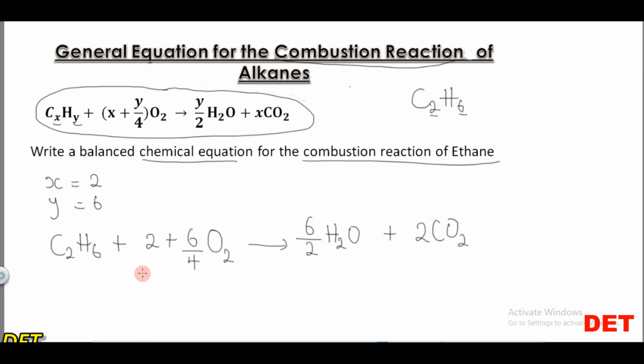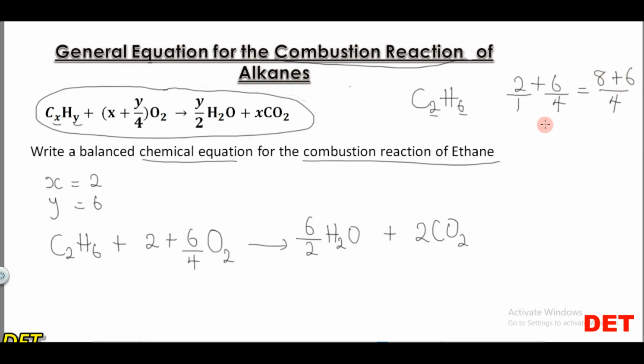So the next thing I will do is to evaluate. Here I have the fraction 2 plus 6 all over 4. 2 is the same thing as 2 over 1, so I will find the LCM of 4 and 1, which is 4. 4 divided by 1 is 4, times 2 gives 8, plus 4 divided by 4 is 1, times 6 is 6.